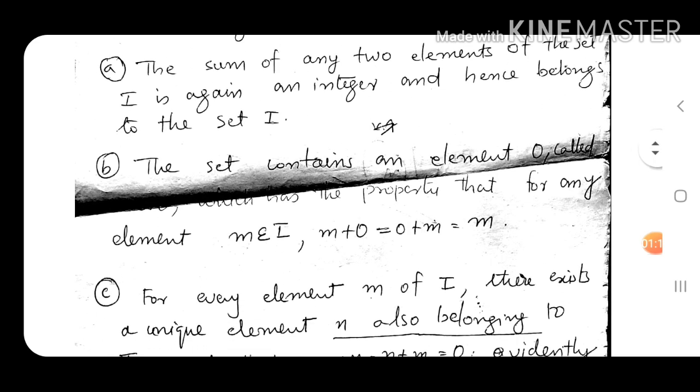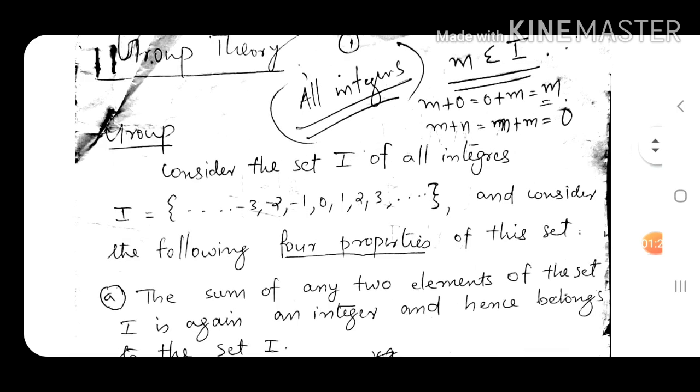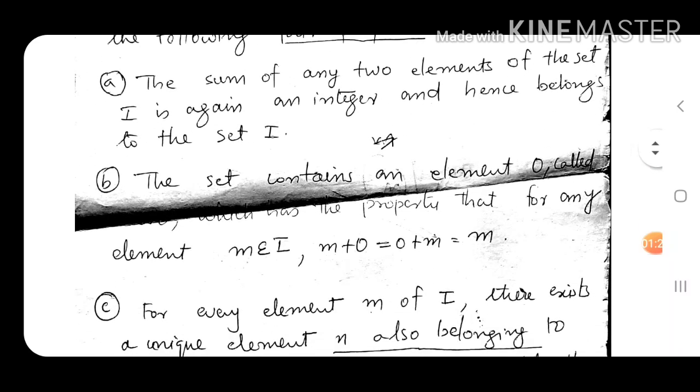The second property is that the set contains an element 0, which is called the identity element.